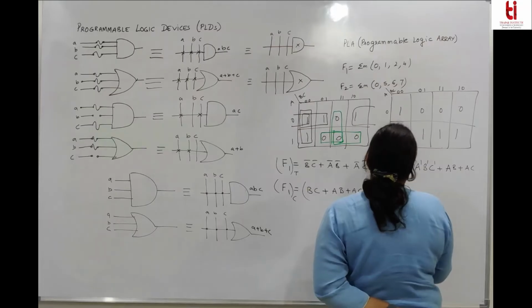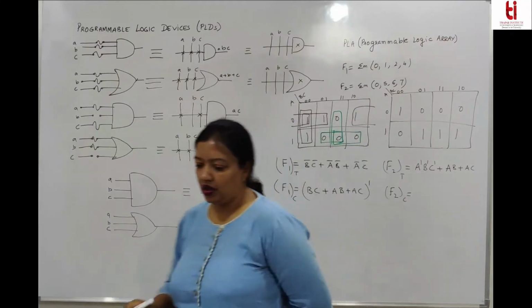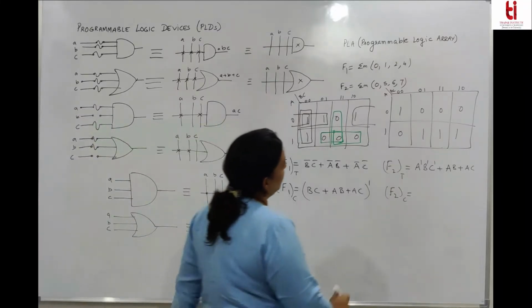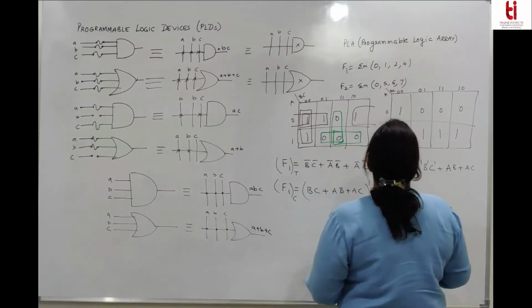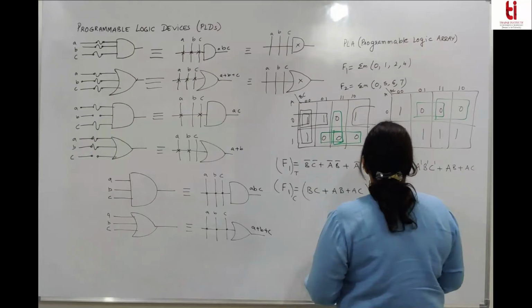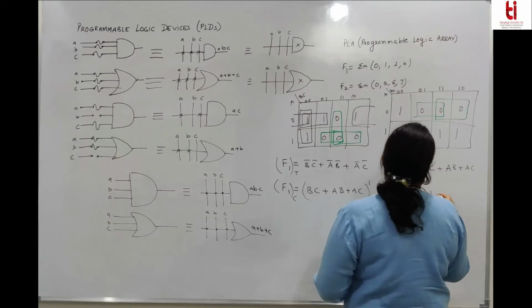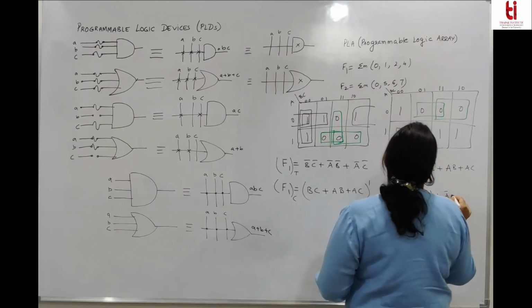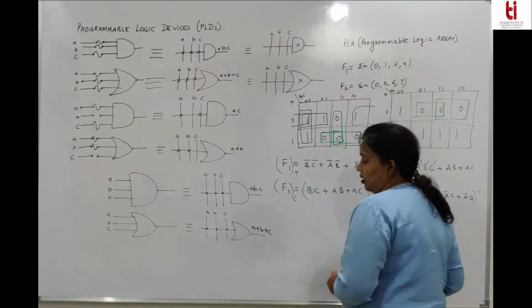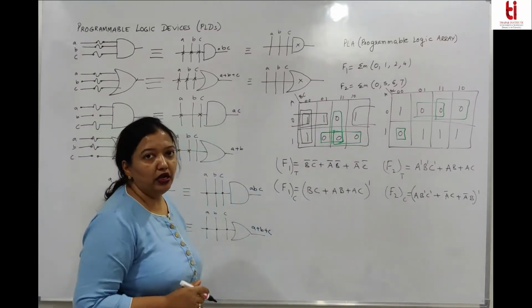And F2 in complement form will be, this is 1, this is second, and this is, so I have A B bar C bar, then I have A bar C, A bar B. This is the form of F1 and F2 in both their true and complement form.